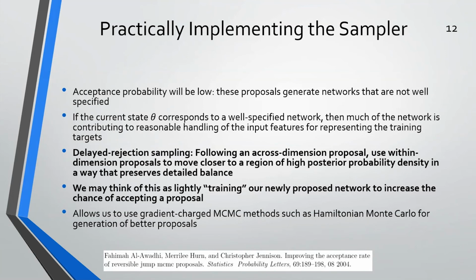And by doing this, we actually are able to introduce some MCMC methods that use the gradient to bring us a little bit closer to more classical machine learning approaches. I don't think I have much time to talk about that, but if you're interested, perhaps ask during the question period, or we can talk after the presentation today, and I can give you some more information about what that looks like.